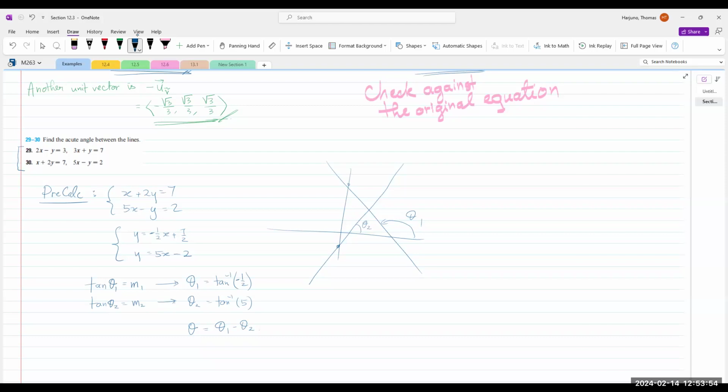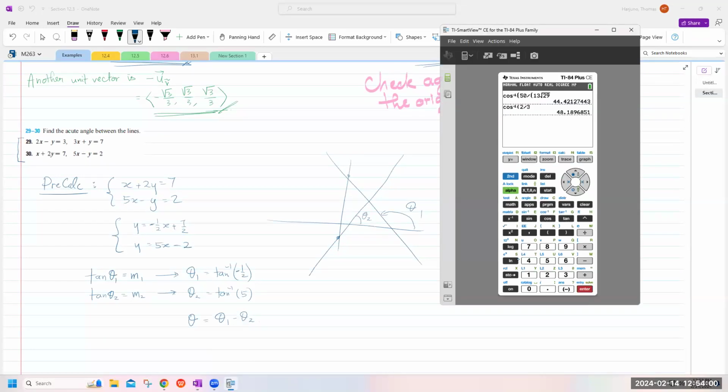Now let me use my calculator just to get the answer, but this is not how I expect you to do it. So I will do tangent inverse of negative 1/2, close parenthesis, minus tangent inverse of 5.